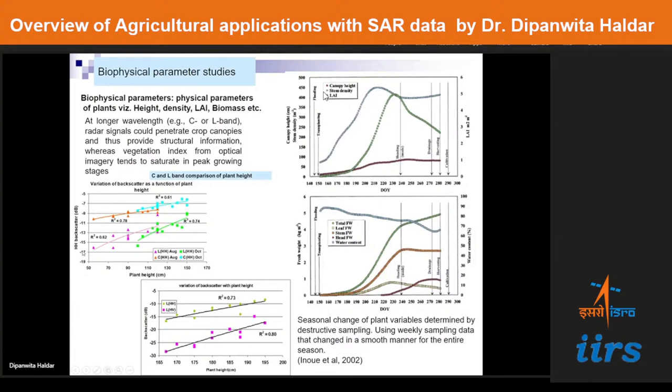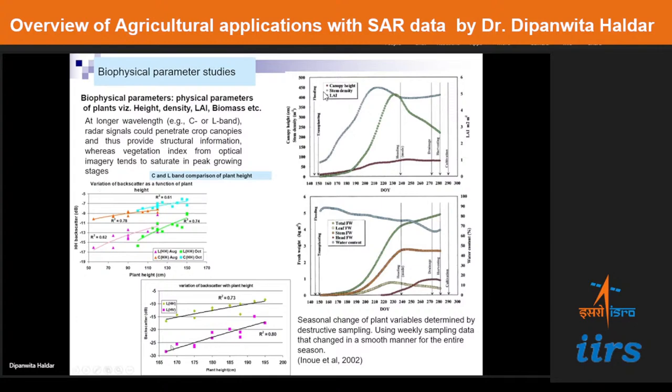The response is stronger for L band at the later stage of growth, that is in October, compared to the C band, the cyan one. But the response is better for C band in the initial part of the crop growth phase. So in the initial phase, when the biomass is less, C band serves our purpose. But at a later stage where your biomass is more, you need more penetration, so we have to use the longer wavelength, for example, the L band.